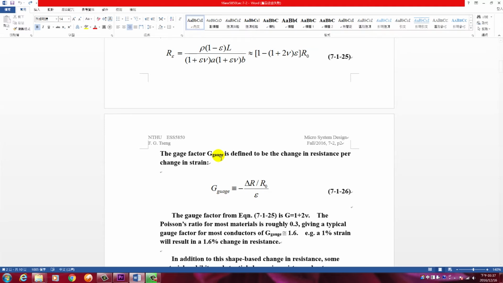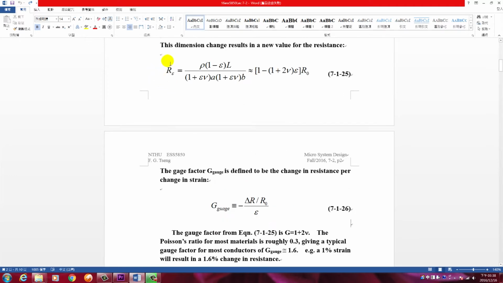If you have a large gauge factor, that means you have a higher sensitivity of your sensor. For unit strain, you get more resistance change if you have a larger gauge factor. So the gauge factor is important to indicate how sensitive your piezoresistive sensor is. Higher gauge factor means a more sensitive sensor.